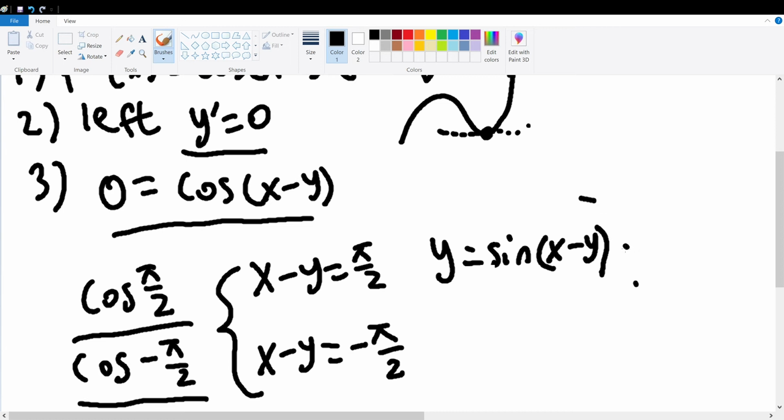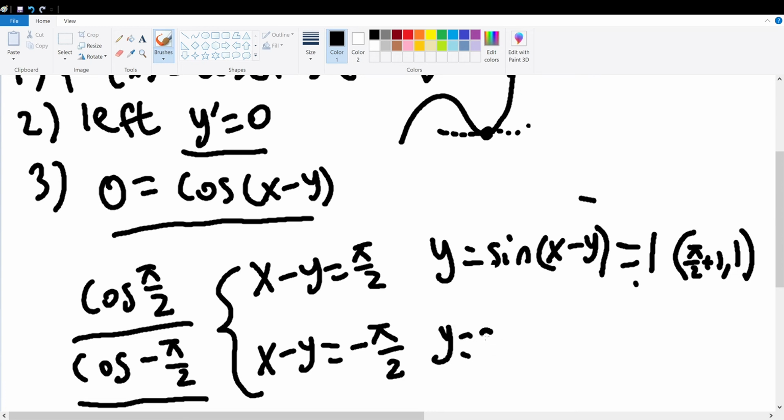So when you have y equals 1, you can find out what x is. So the coordinate when y is 1, x is pi over 2 plus 1. Right, just algebra.